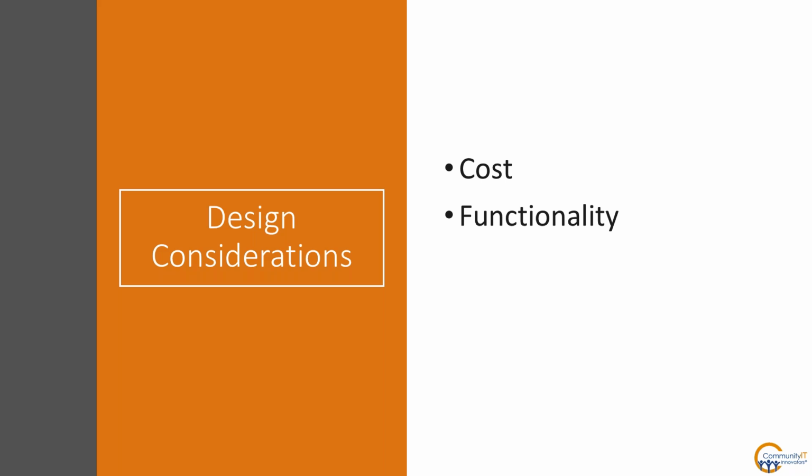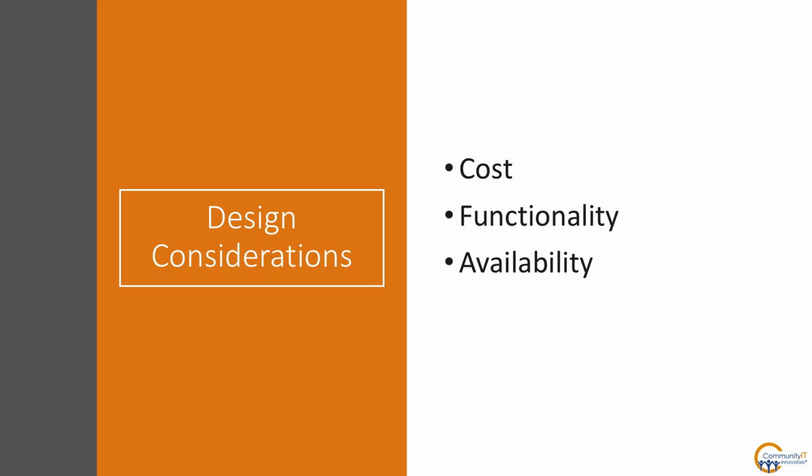Functionality is important as you're looking at different solutions. You really should be aware of the functionalities of those different solutions, and I'll get into more detail on what this means using some specific examples. But it's always important to balance the cost and the functionality.